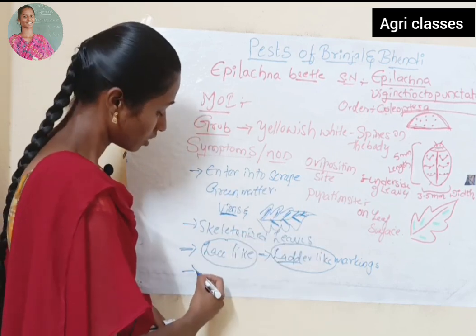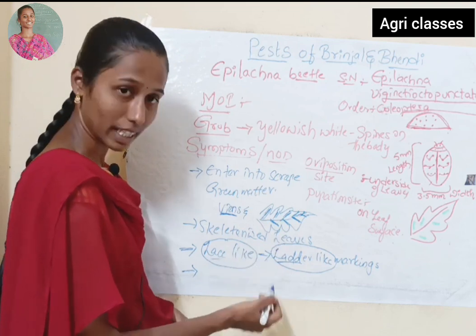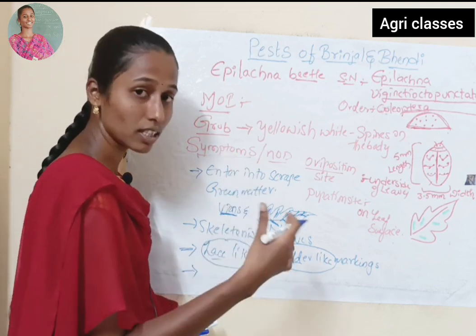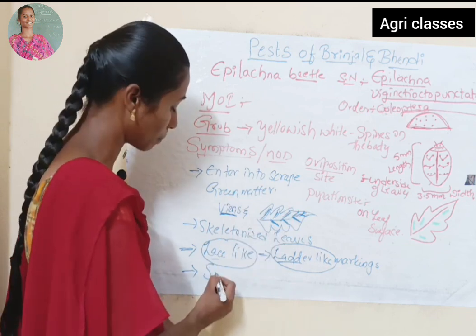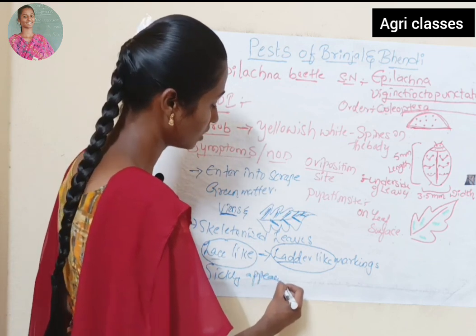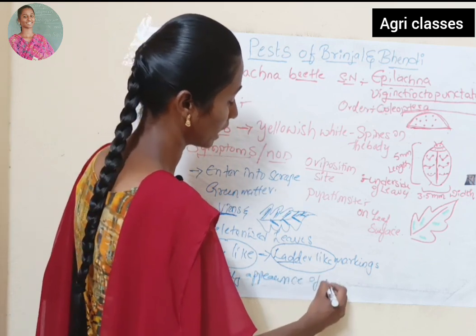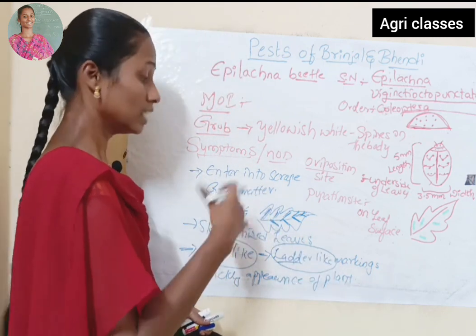Okay, so due to these ladder-like markings, it will appear as lace-like, and due to this wilting of the leaves we can observe, drooping of the leaves, and sickly appearance of the plant. So these are most important nature of damage and symptoms of damage.